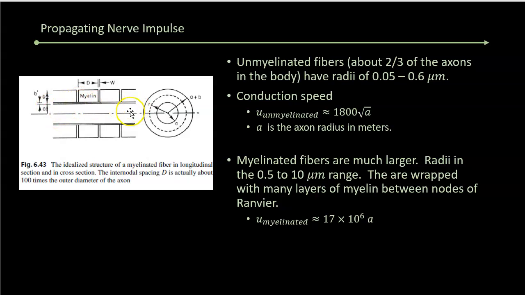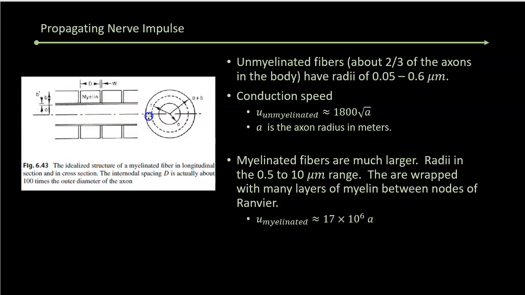Let's say you've closed the ion channel here and here and here, but the signal comes in and some of it is still going to make it through, and then it's going to get to the other side of where you've put in the anesthetic, and it's going to regenerate. So you've got to have a large enough area that you've closed the ion channels on to stop the signal.